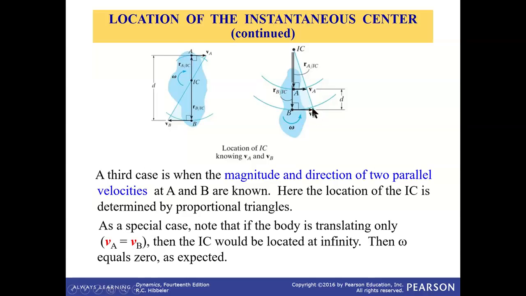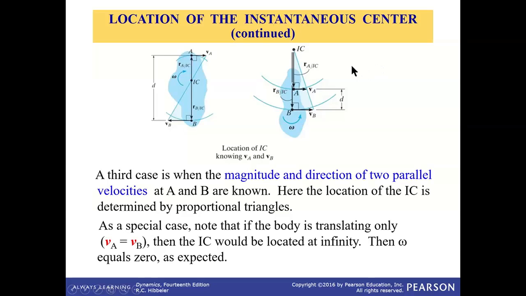And the correct answer is, in that case, the intersection will happen at infinity. And if that is the case, then the length of the position vector from the instantaneous center to point A and point B will also be infinity. So if you write the equation of velocity, V is equal to omega multiplied by R, R is infinity.